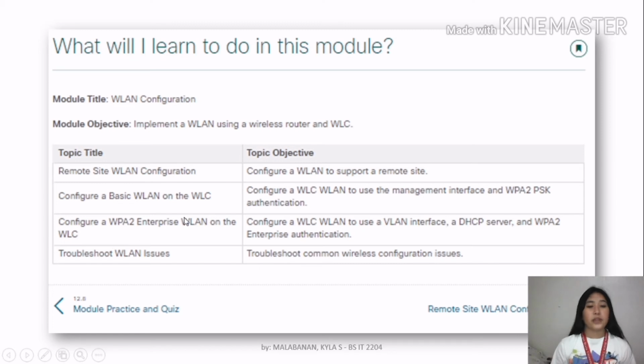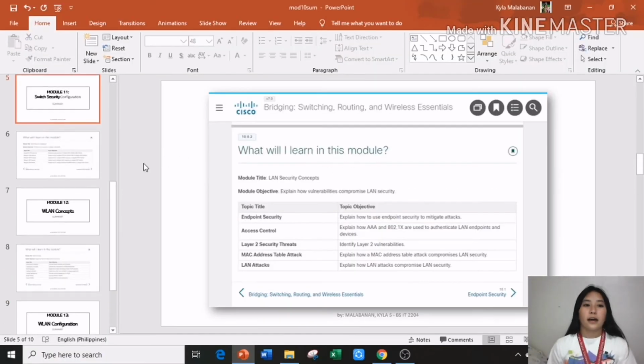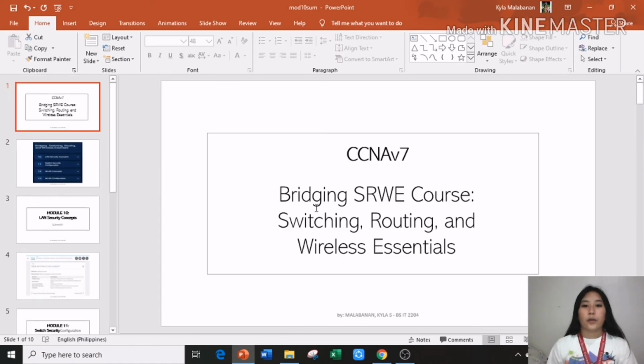Under Configure a WPA2 Enterprise WLAN on the WLC, configure a WLC WLAN to use a VLAN interface, a DHCP server, and WPA2 Enterprise authentication. And last, Troubleshoot WLAN Issues, the objective is to troubleshoot common wireless configuration issues. So that's all in the Bridging SRWE course, Switching, Routing, and Wireless Essentials.